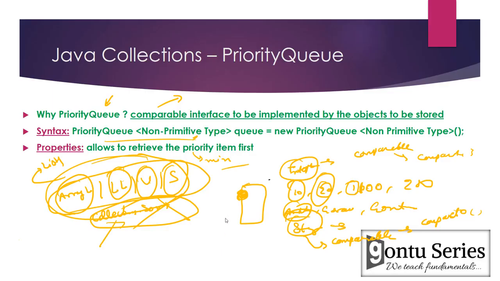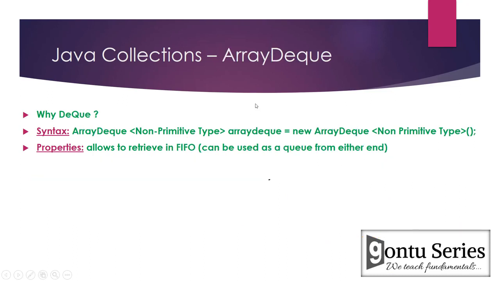Now the way we have learned about the priority queue, in the same way there is one more concept available known as ArrayDeque. Now how does this concept work? Well, there is no concept of ascending order, meaning priority element means minimum element. Here it works on the generic principle of a queue. So whatever elements you are adding, say 10, 20, then 1, and then 100, and then say 200, the way you are adding elements, the same order is going to be maintained inside it.